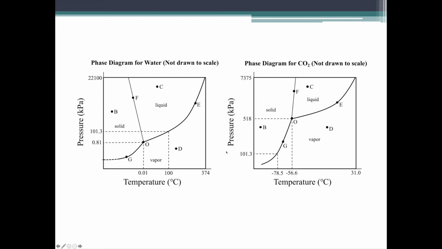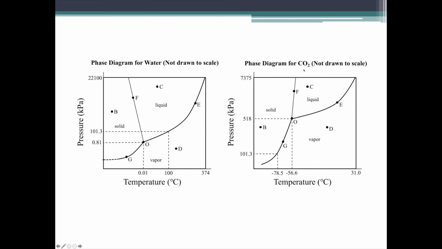Now, if I look at 101.3 kilopascals, that's atmospheric pressure, standard pressure. 101.3 kilopascals across, I can see here I would hit a melting point for water at roughly 0 degrees Celsius. Here I hit the boiling point at 100 degrees Celsius. I know that about water. But if you look at carbon dioxide, the 101.3 kilopascal line only crosses one phase change, and that is sublimation and deposition.